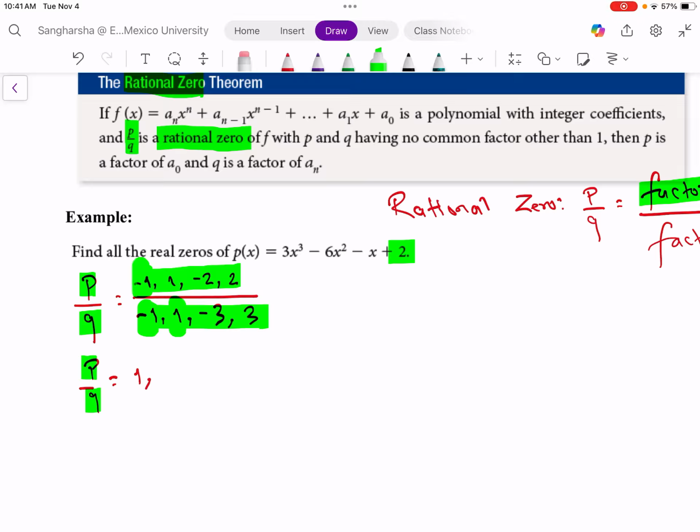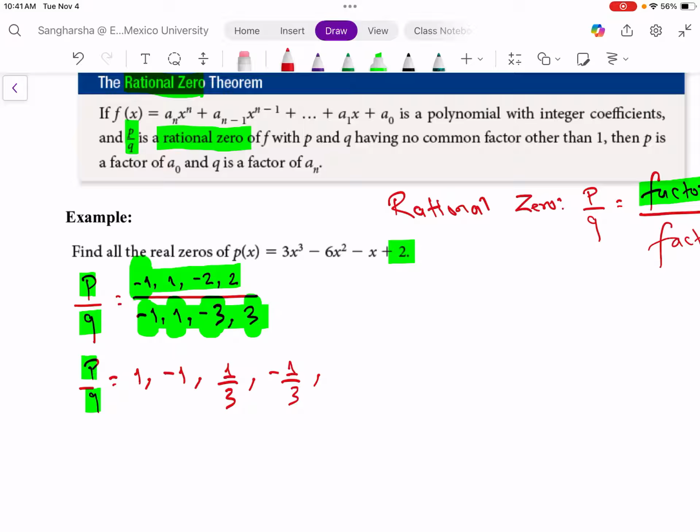Negative 1 divided by 1 is negative 1. Let's take negative 1 as p and change q to negative 3. Negative 1 divided by negative 3 is positive 1 over 3. We still have one more. Negative 1 divided by positive 3 is negative 1 over 3. So we are done with negative 1.